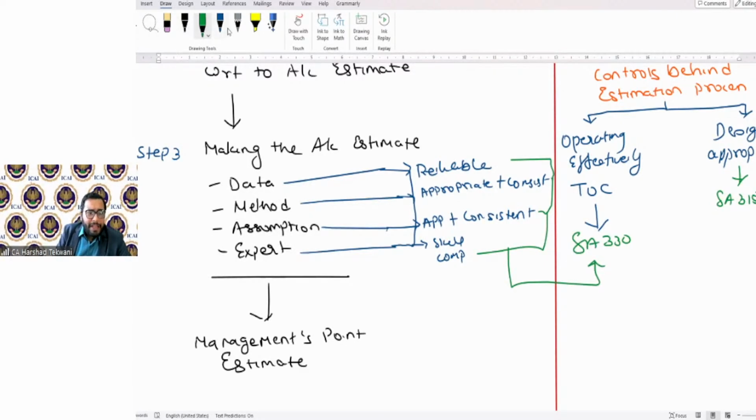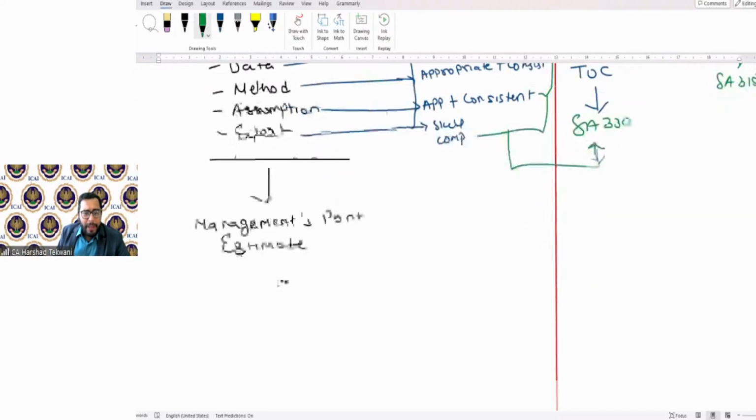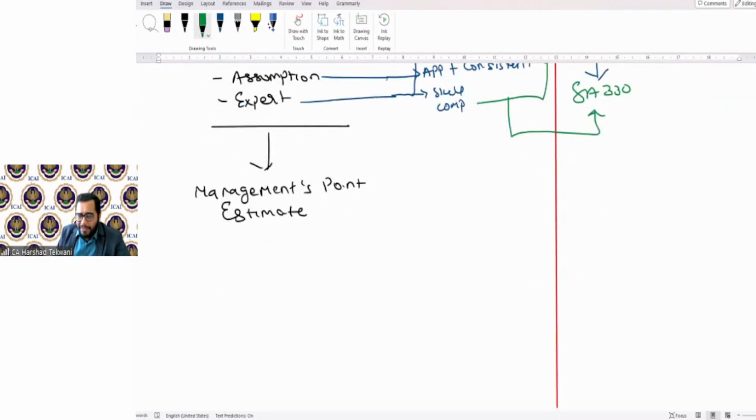Then when management comes with a point estimate, I will compare that management point estimate with the auditor's point estimate, meaning what the estimate should have been.